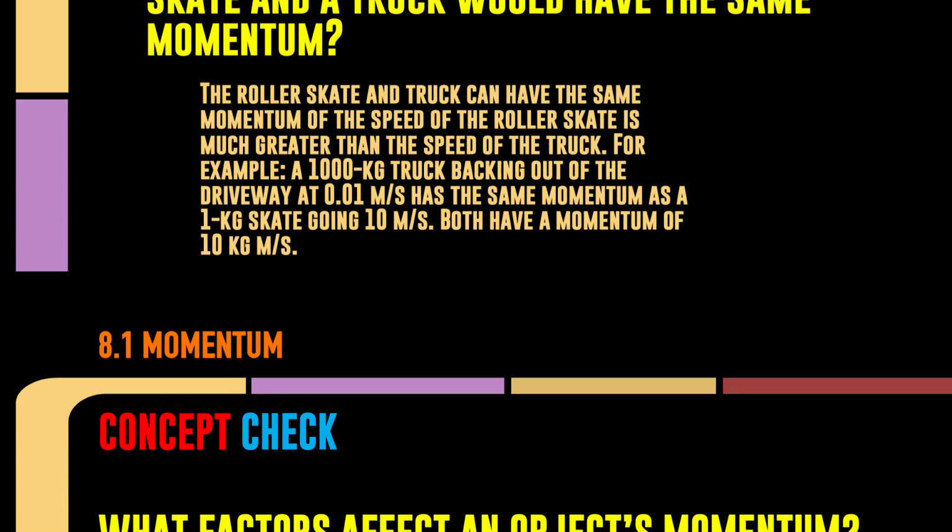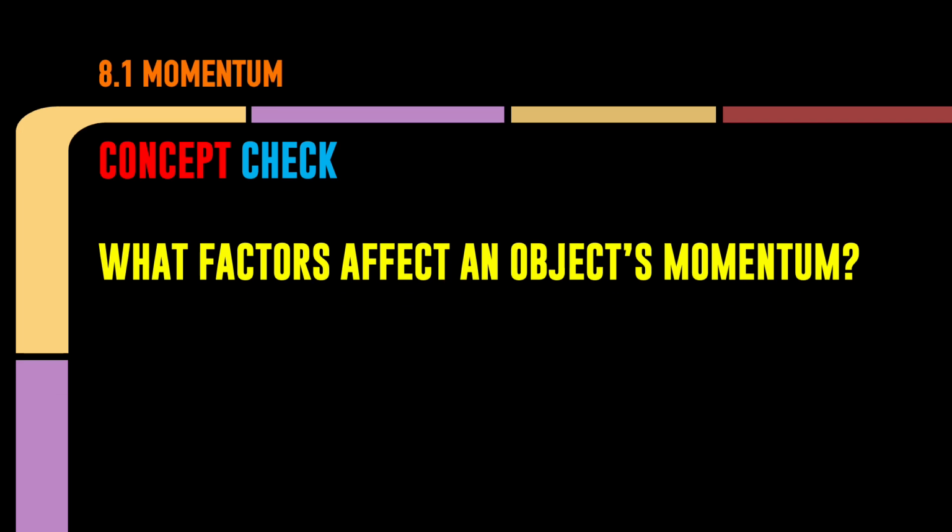So just to rehash real quick, the main factors that affect an object's momentum are mass and velocity. So once again, P equals mv, mass times velocity. So there's momentum in a nutshell.